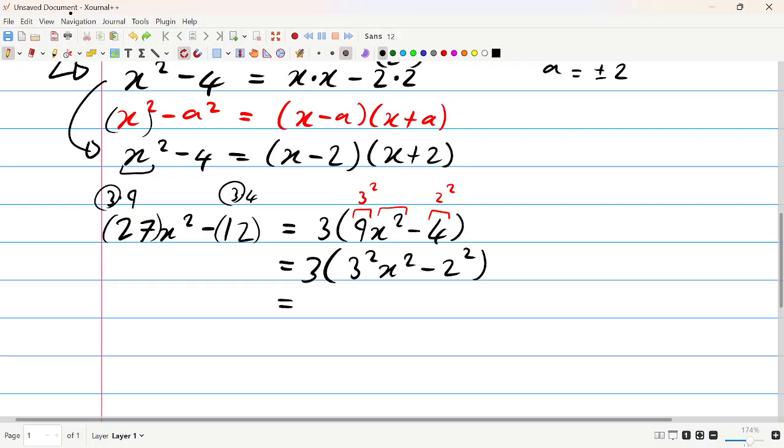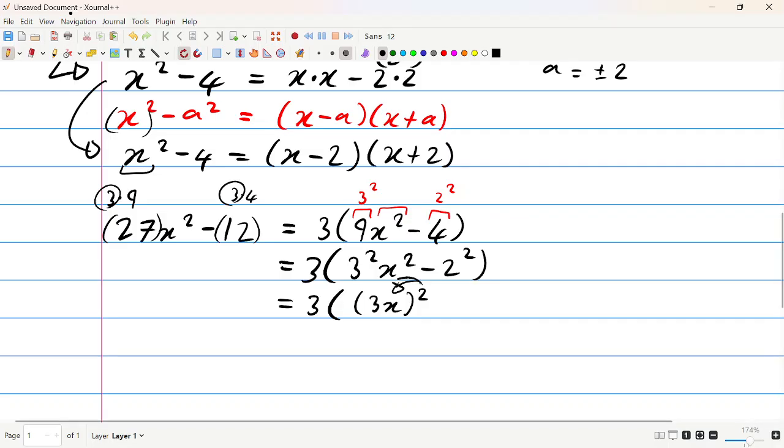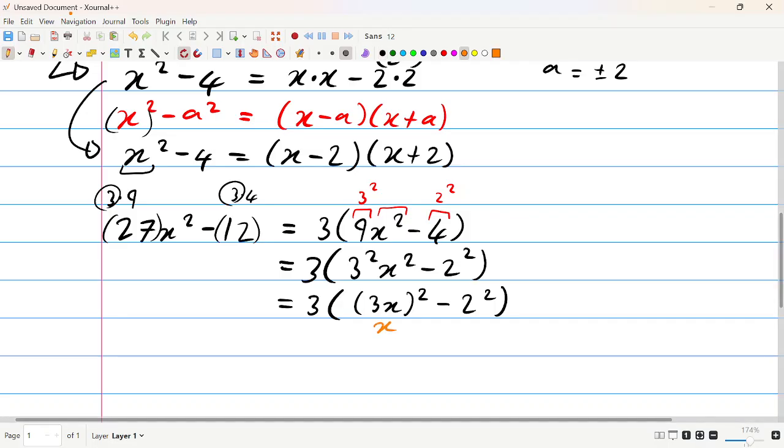So we can use exponent laws to take out the square, such as we're going to have 3 times x to the power of 2. Because remember, if you want to take it back in, you're going to take it to each of the 3 and the x. So it'll be 3x to the power of 2 minus 2 squared. And therefore, this is represented by your x, the 3x, and this is represented by your a, the 2.